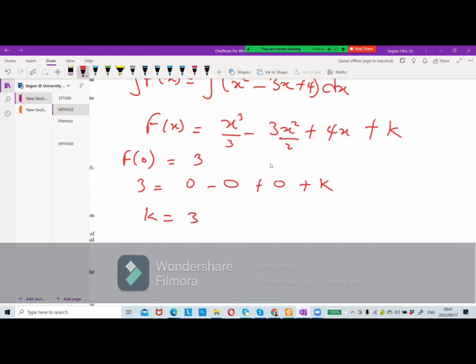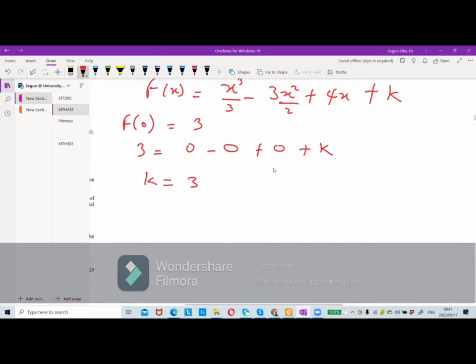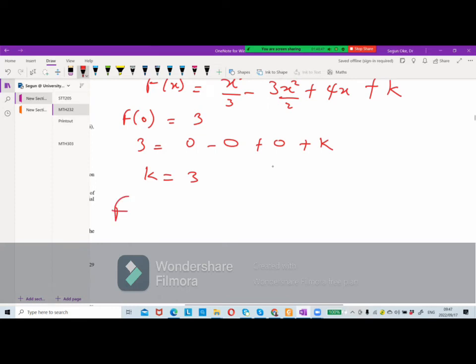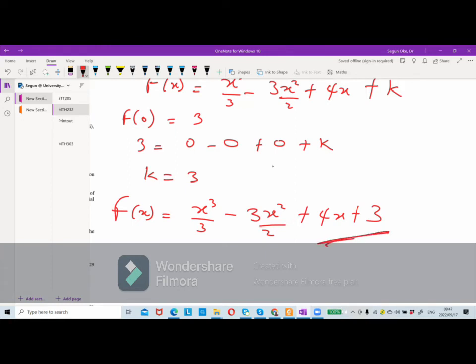Then I substitute k back to the original solution, which is my f of x is equals to x raised to power 3 over 3 minus 3x squared over 2 plus 4x plus 3. That is the answer for this problem.